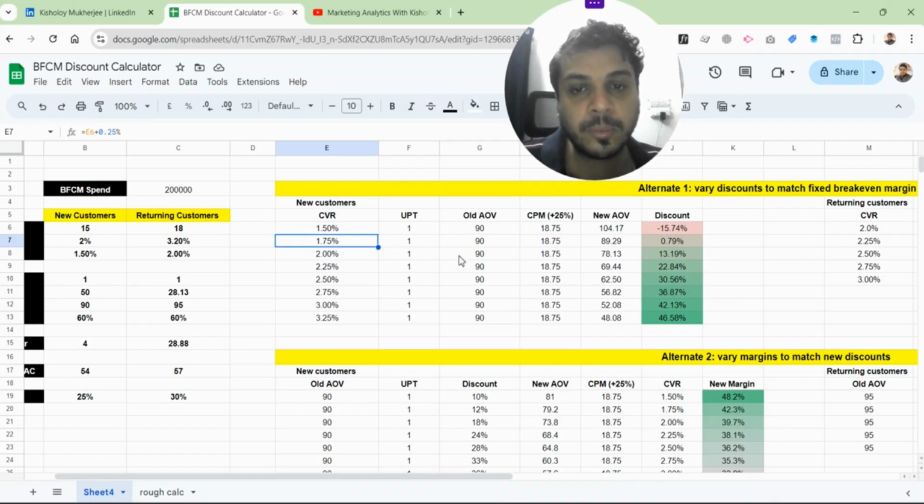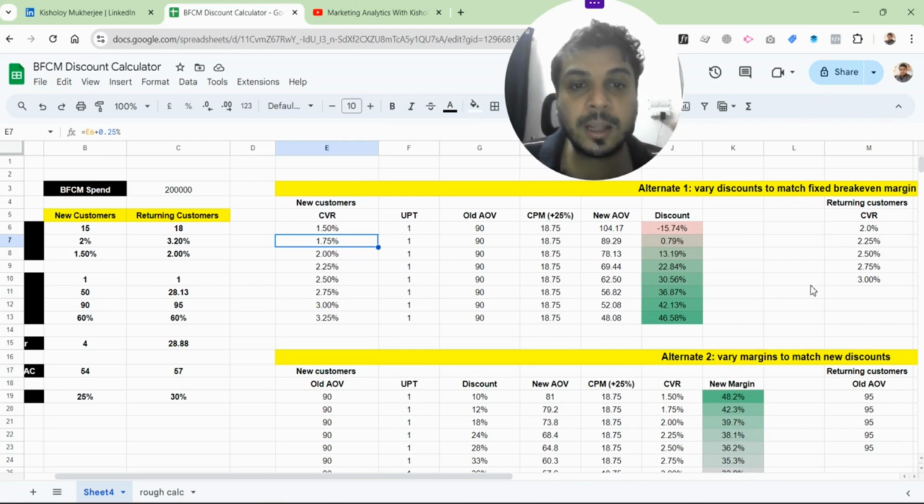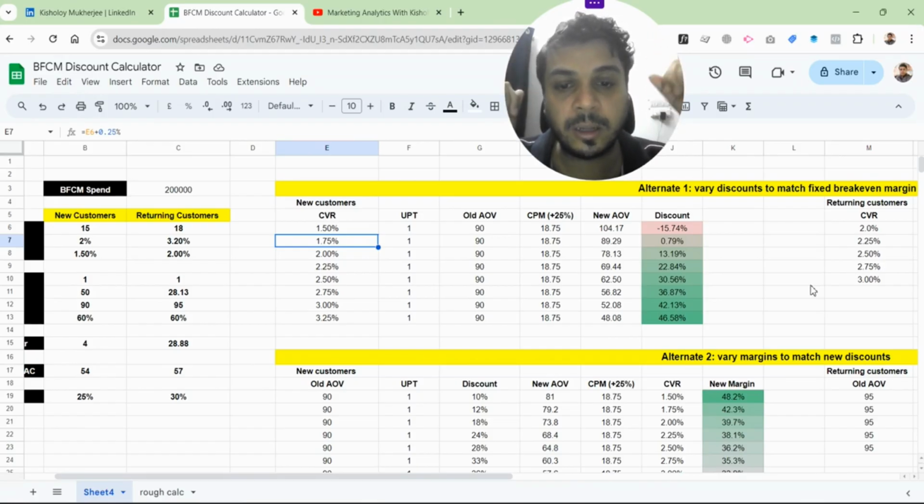Of course, we are looking at 1.75% here, and we can see that now we have a positive discount that is possible to break even at least. So this gives a very good idea about the kind of variation that you should have between conversion rates and discounts in order to maintain the previous levels of profitability, starting with the break even.